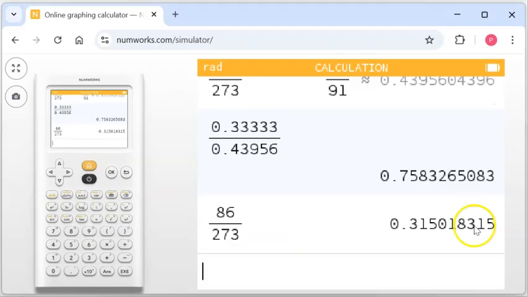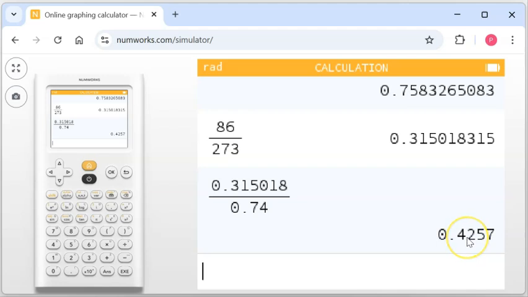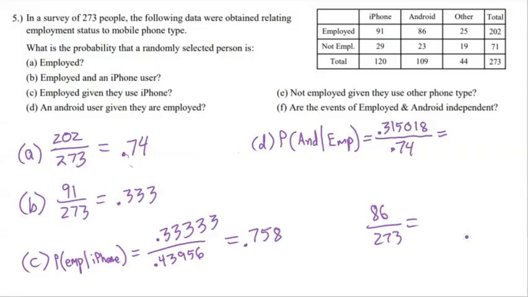Now we're going to divide that by 0.74, so 0.018 divided by 0.74, and that gives us 0.4257.